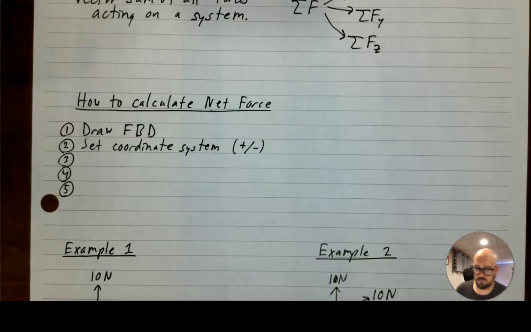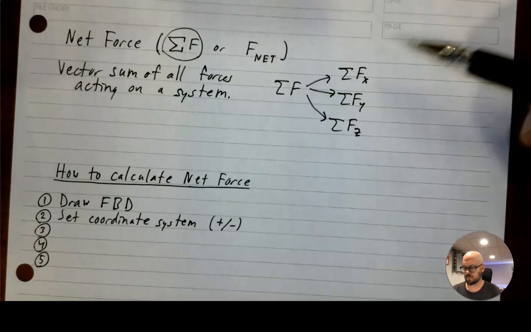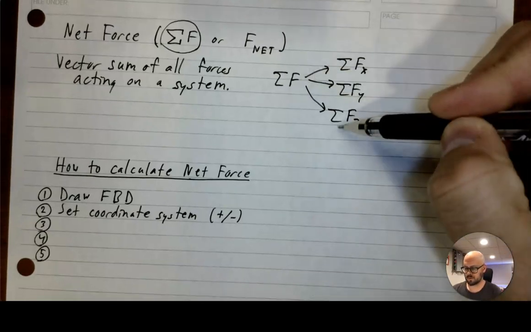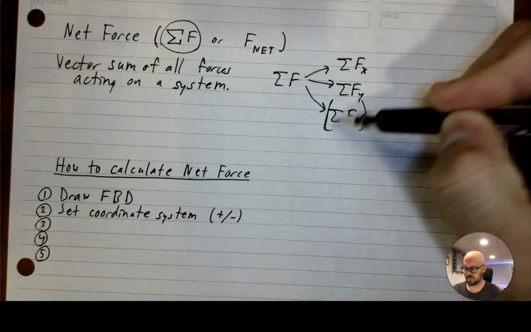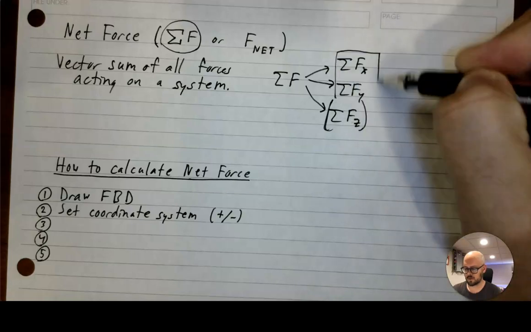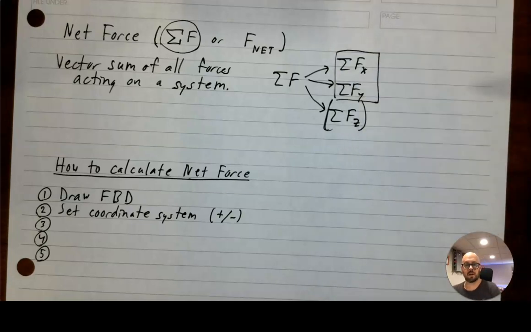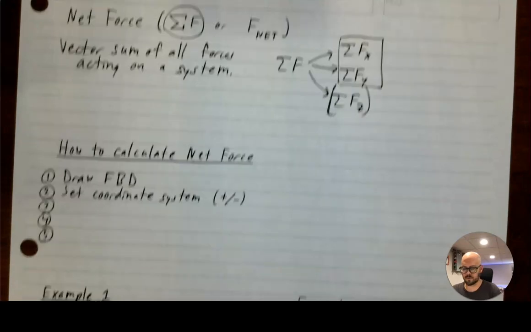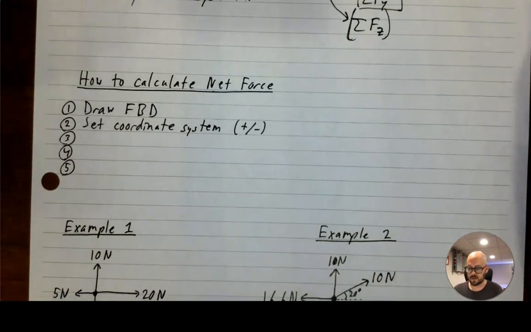We have talked about how to work in two dimensions, and this is separate from this course, but we focus on the x and the y direction. Because we have net forces in two different dimensions, we are going to find them separately.